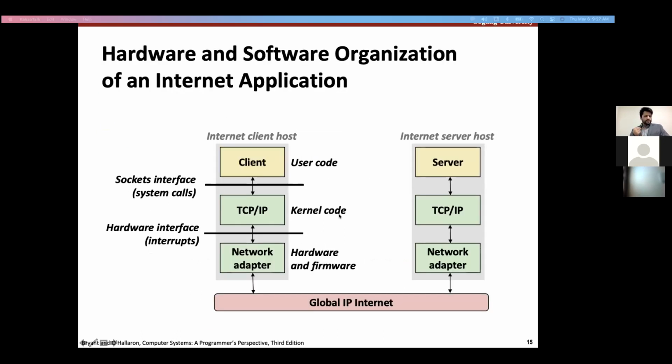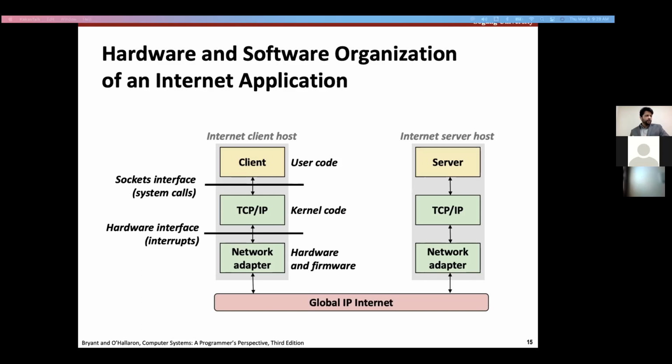So how does a programmer actually view this hardware and software organization of an internet application? This picture gives you an overview of the software stack and the hardware stack of an internet application.